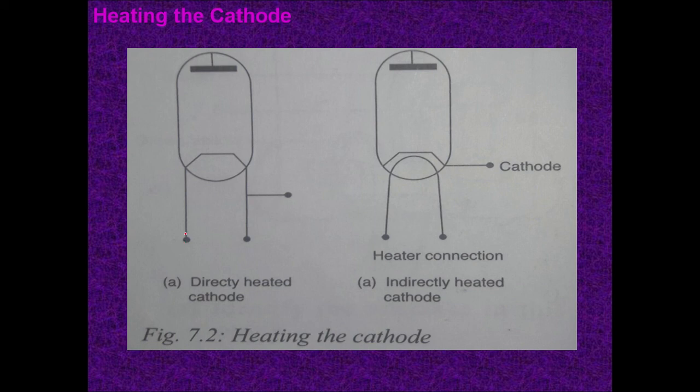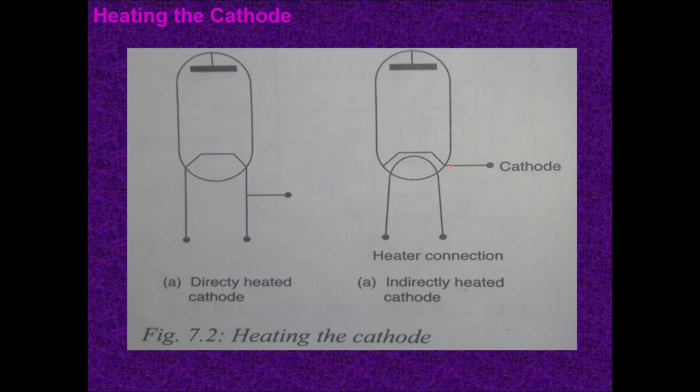So we have our wire here, and the current will flow. The heating filament is here, and in this case the heating filament is still the cathode. As it heats up, it will be dislodging electrons. The same thing happens here. All the connections will be done through that particular cathode.